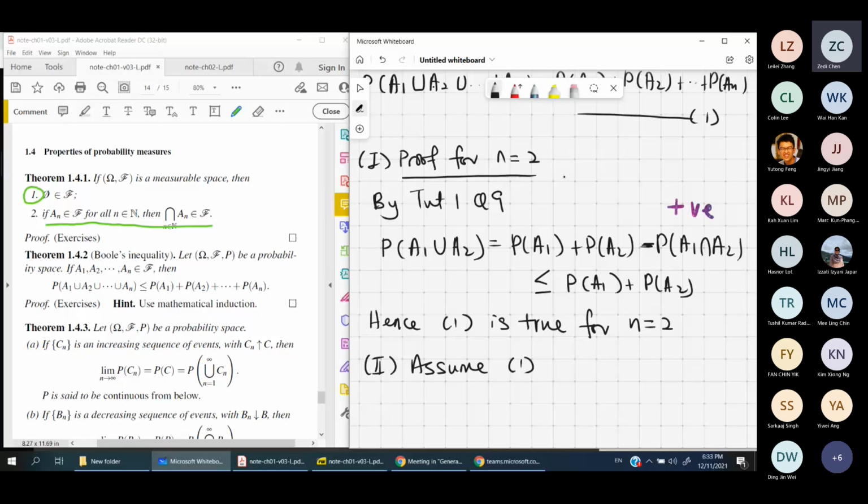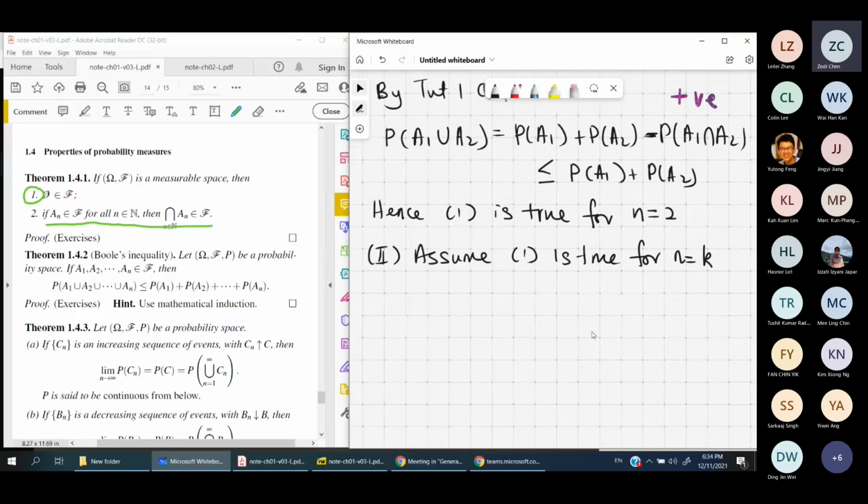Now we assume this is true for n equals k. That means we have P of A1 union A2 up to Ak less than or equal to P of A1 plus P of A2 up to P of Ak.